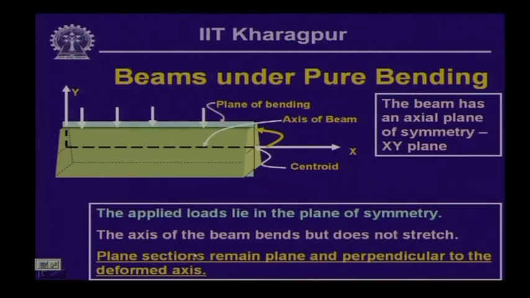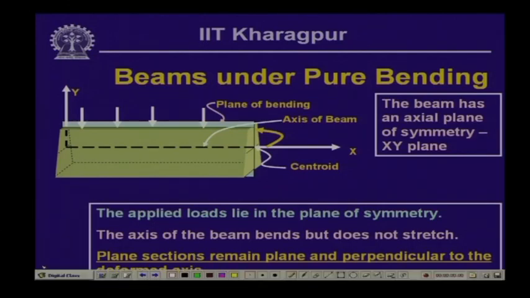Well, now let us look into a beam subjected to pure bending. You had noticed we had drawn the shear force and bending moment diagram for a beam which is simply supported and subjected to two concentrated loads, placed equally from the two ends, at distance a and a.